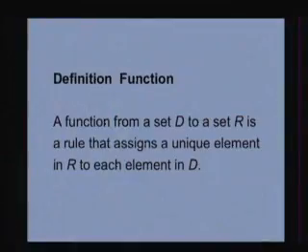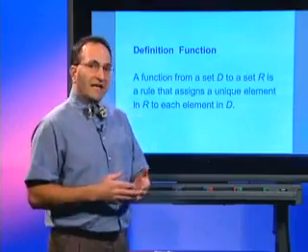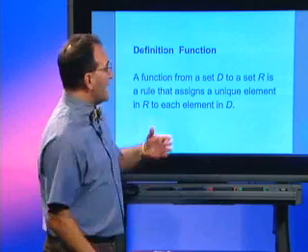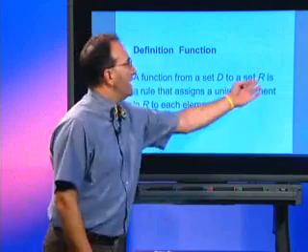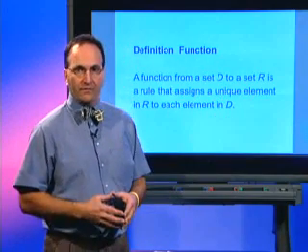A function from a set D to a set R is a rule that assigns a unique element in R to each element in D. Now, in this definition, the set D is the domain of the function, and the set R is the range of the function.